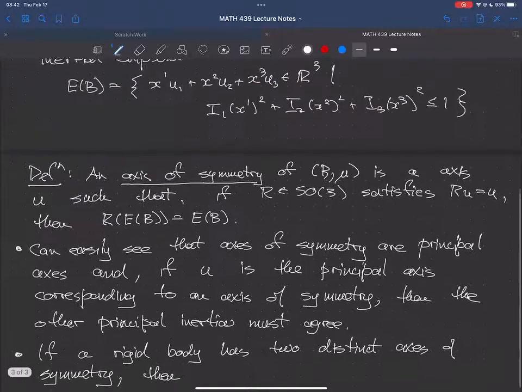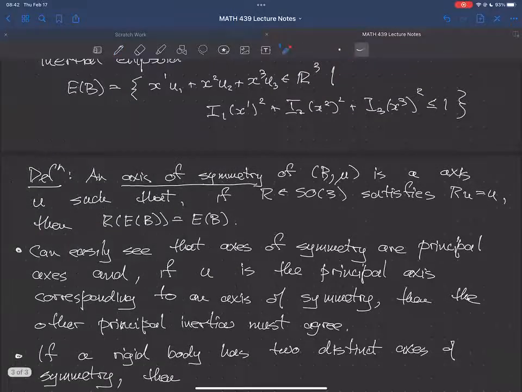Well, let's again maybe look at our equation here for the inertial ellipsoid. Okay, so I know that I have an axis of symmetry. Let's say it's again the third axis, and so that means that I1 and I2 agree. But I know that I have another principal axis, which is an axis of symmetry. Let's say it's the first one. Okay, and the first one tells me that I2 and I3 must agree. And so that means that I1, I2, and I3 must agree.